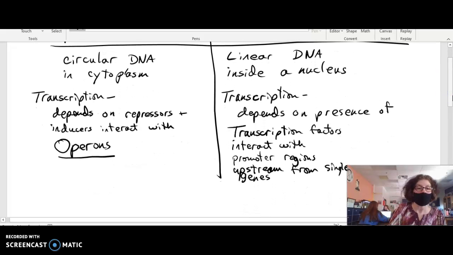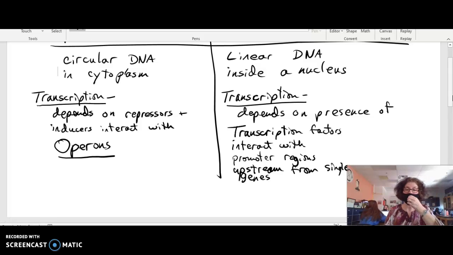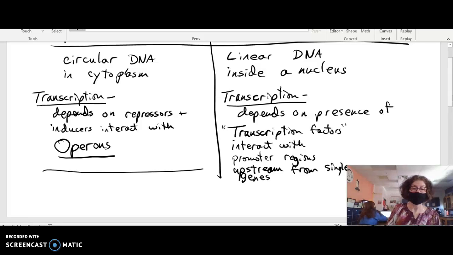Okay. So there is some differentiation there, right? So we've got these transcription factors that have to be there at the promoter region. Remember, operons also have promoter regions, right? But in terms of bacteria or prokaryote, you might have several structural genes here.